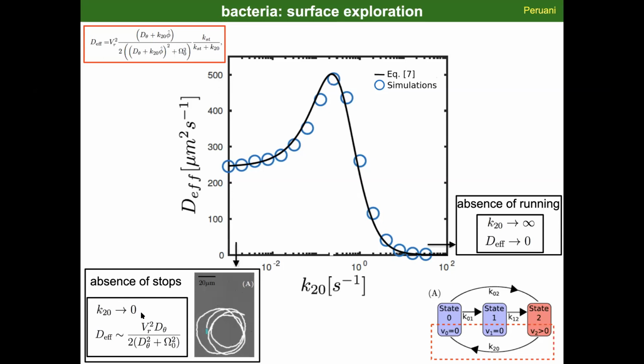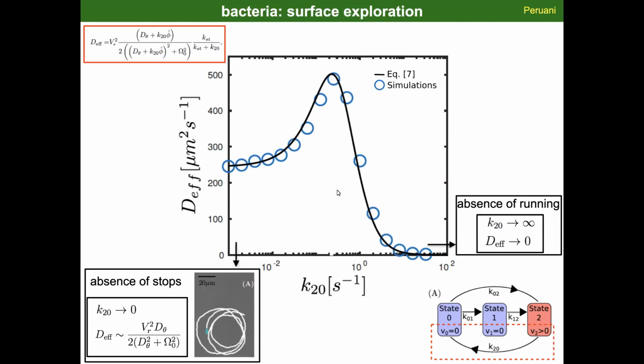In this case the diffusion coefficient will not be too large, but will not be 0. On the other hand, if this K20 becomes very, very large, then you stay very little time in state 2, moving, which means that the diffusion coefficient will go to 0 because you are basically not moving. But in between, as you can see here, there is a maximum value that maximizes the diffusion coefficient.